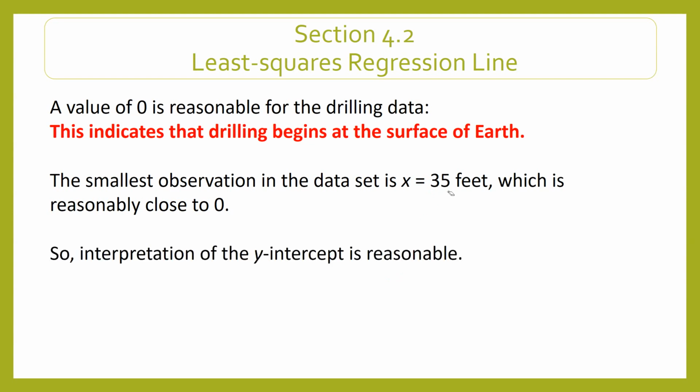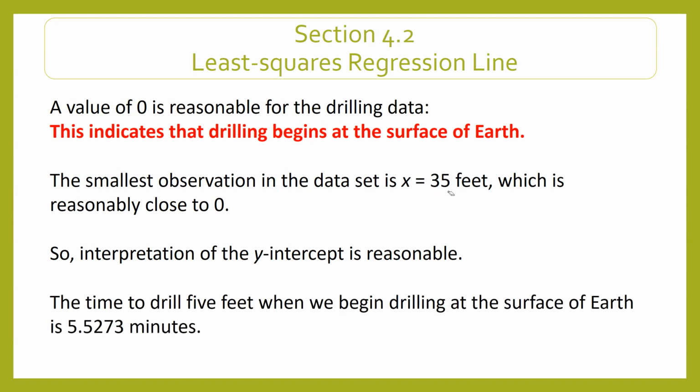So the interpretation of the y-intercept here is reasonable. If we cannot answer these 2 questions, it means that the interpretation of the y-intercept is not reasonable. So the time to drill 5 feet when we begin drilling at the surface of the earth is 5.5213 minutes. That's what the intercept means. At the surface of the earth, we have not gone any feet deep, so x is 0. We can get the intercept.